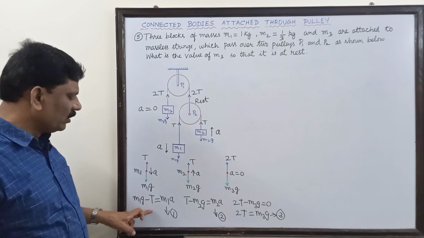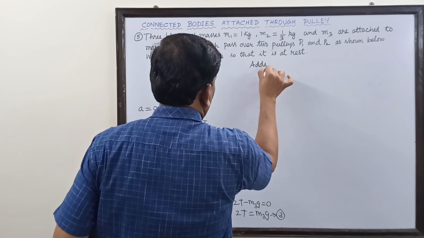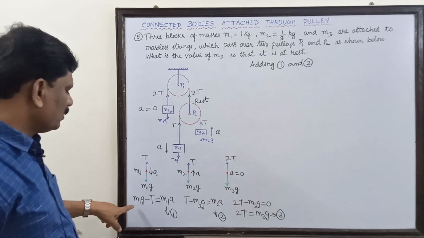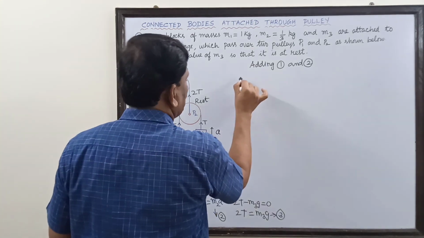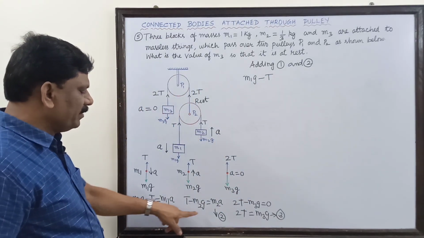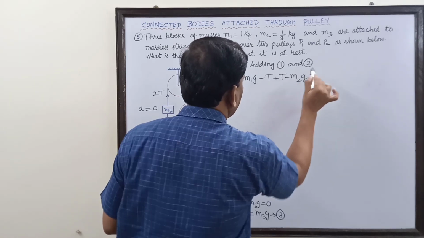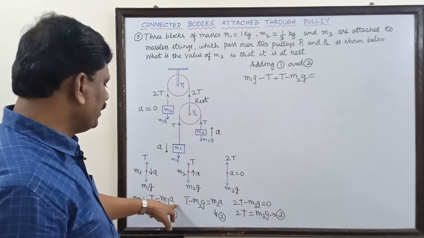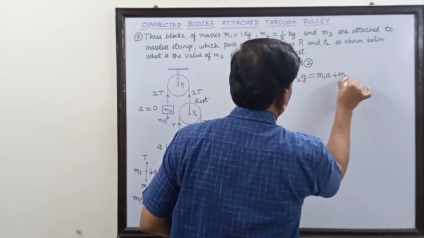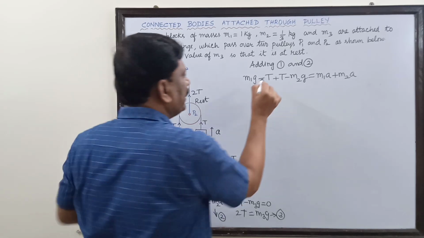Okay children, now you look at equations 1 and 2. I am going to add them. So m1g minus T plus T minus m2g on the left hand sides, and m1a plus m2a on the right. Now the minus tension and plus tension get cancelled.